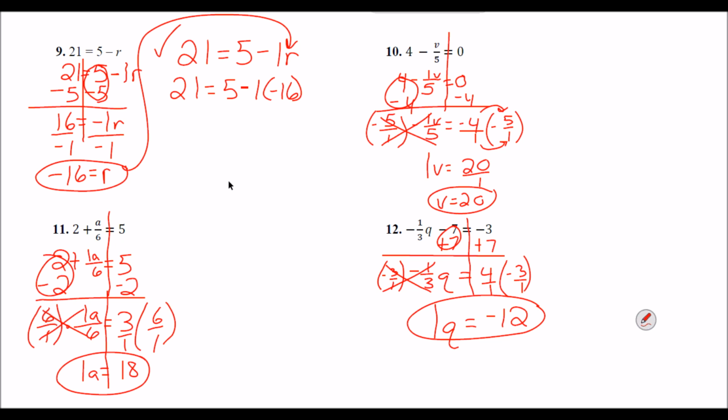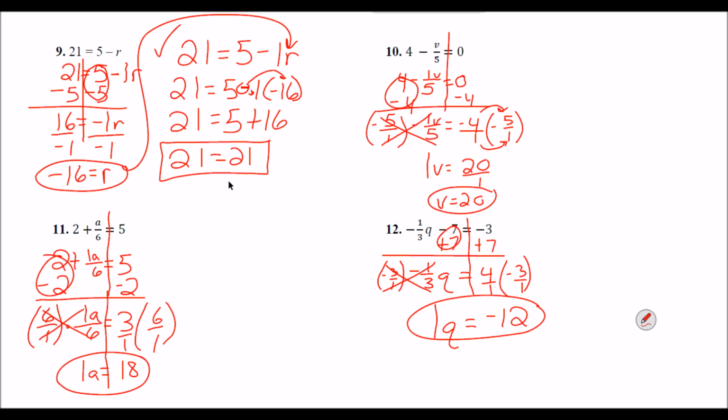So this little negative here kind of gets applied to this 1, right? So we're going to take negative 1 times 16 first, and that gives us positive 16. And then we add them together. So 21 equals 21. And again, that works for each side.